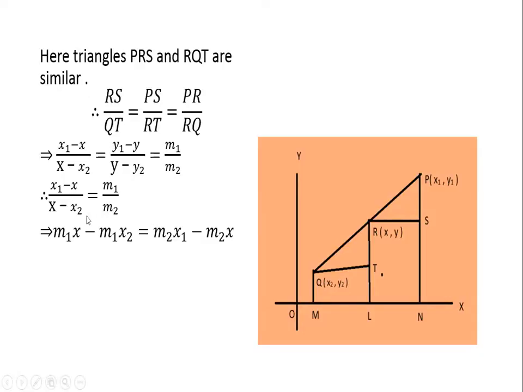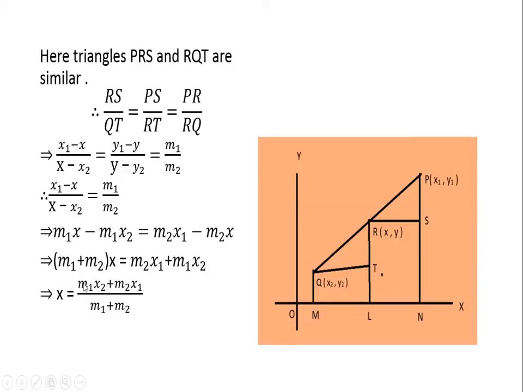After calculating, we can write m1x minus m1x2 equal to m2x1 minus m2x. From this, we can write (m1 plus m2) into x equal to m2x1 plus m1x2. So finally we get the value of x, which is (m1x2 plus m2x1) by (m1 plus m2).